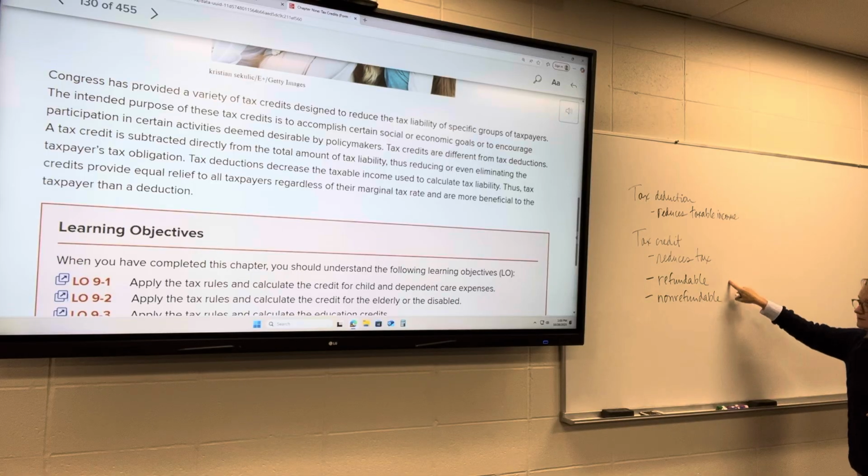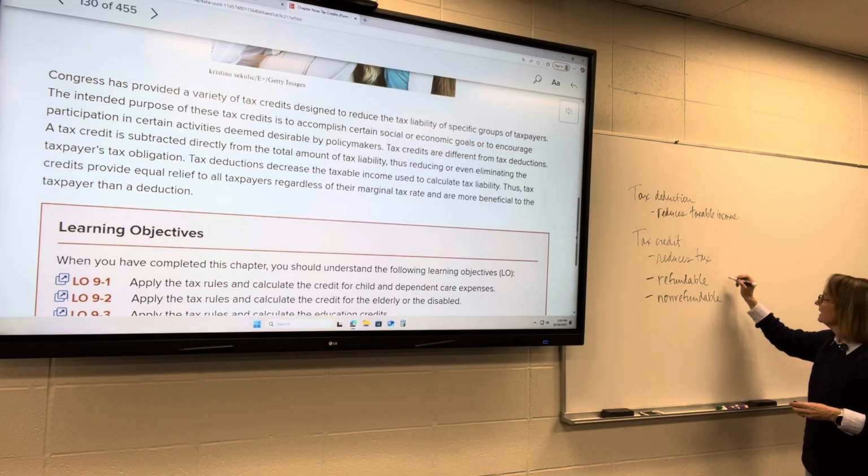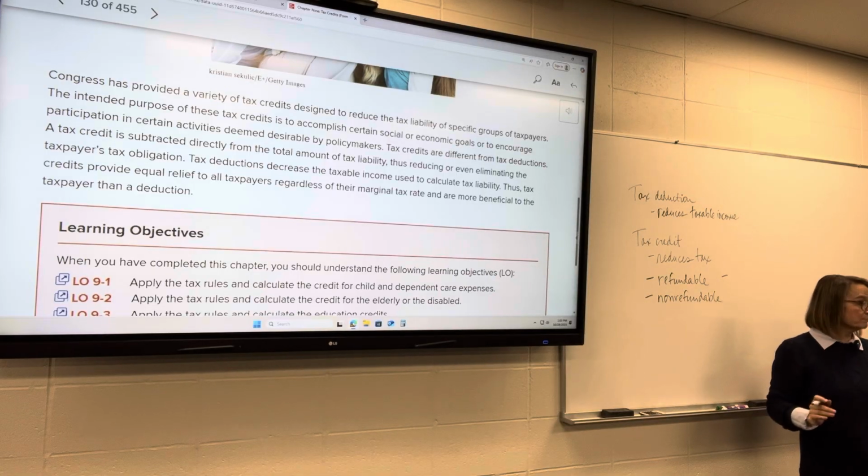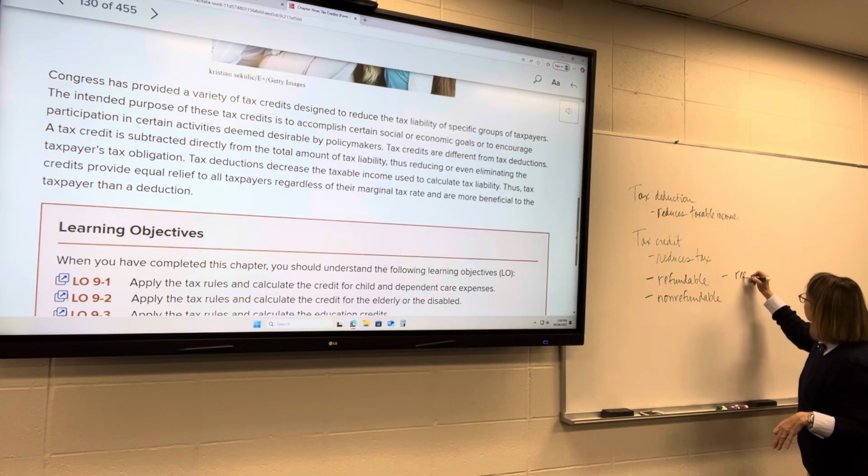So a refundable tax credit can reduce your tax liability, or reduce what you owe, to below zero.